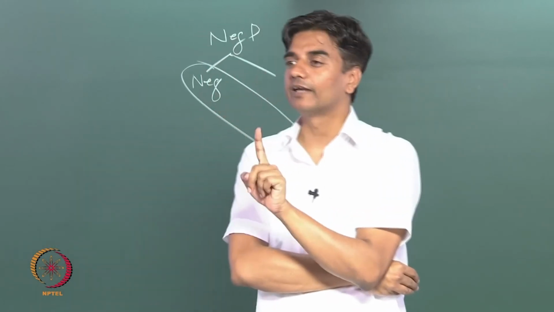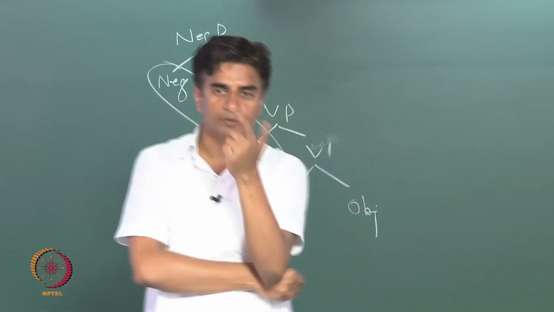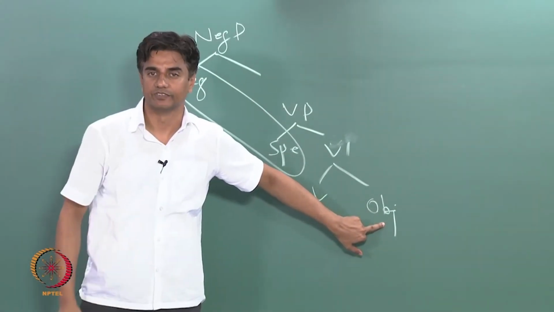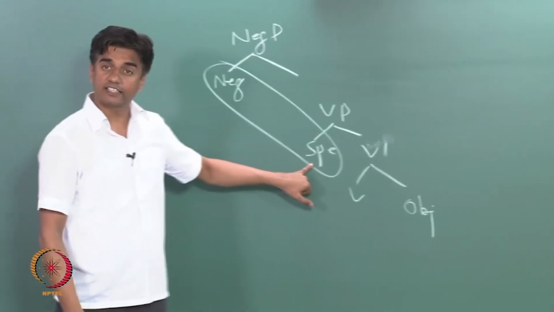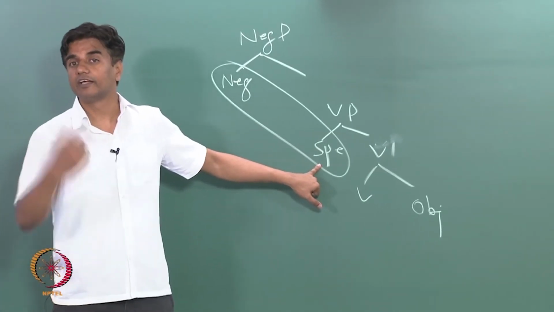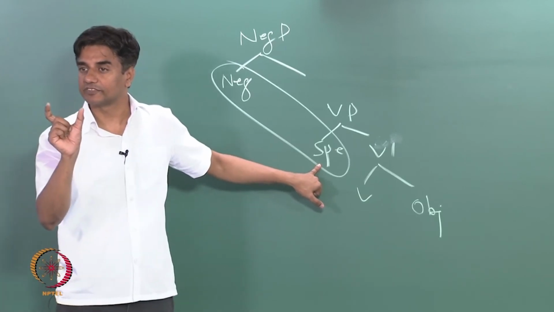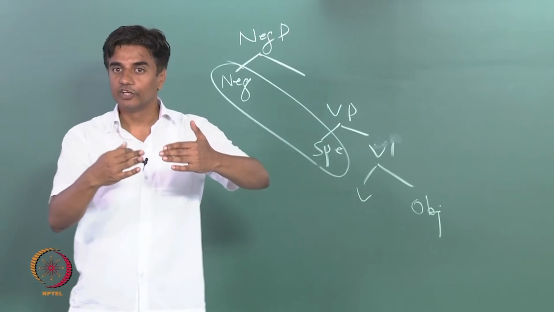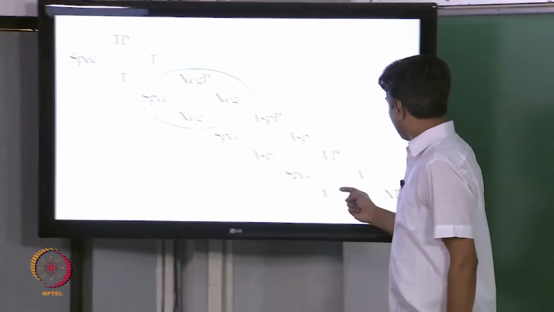When the negative polarity item does not need to move, there is no problem. For example, imagine you have a negative polarity item in object position instead of subject. Then it doesn't need to move right away. However, if it is in the subject position, like एक भी लड़का नहीं आया, right? एक भी लड़का is in the subject position. On the surface, you have एक भी लड़का here, नहीं here and आया here.